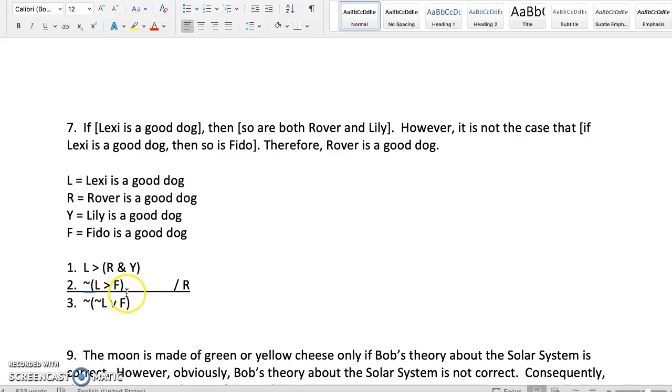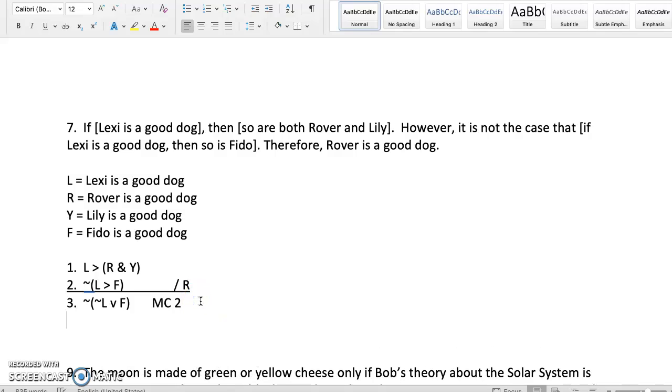They can only be applied to whole sentences, meaning the main operator. But the substitution rules can be applied to parts of sentences. All right, so here we get this by material conditional of 2. My stupid computer makes a period every time I double space, so. All right, now we have a rule that deals with negations of disjunctions, namely the De Morgan's rule.